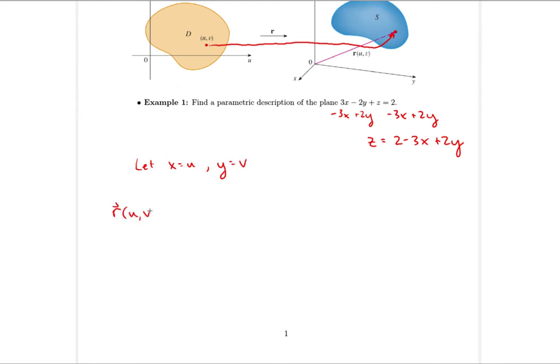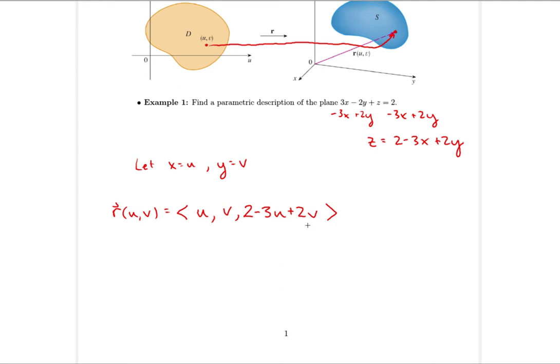And if we do, then what we can say is that the x component is just u, the y component is just v, and then the z component is 2 minus 3u plus 2v. All right? So you might say this is kind of trivial. Why are we even bothering with this? Well, there's going to be situations where it's not just as simple as letting x be u and y be v, but this is kind of doing the simplest case so that we can understand what comes later.